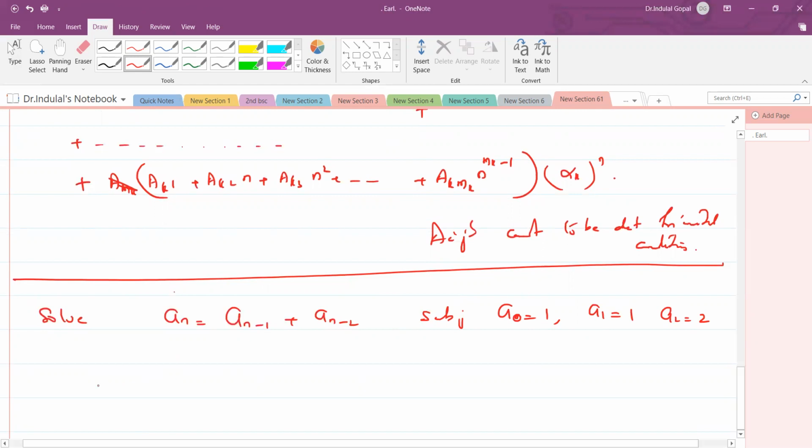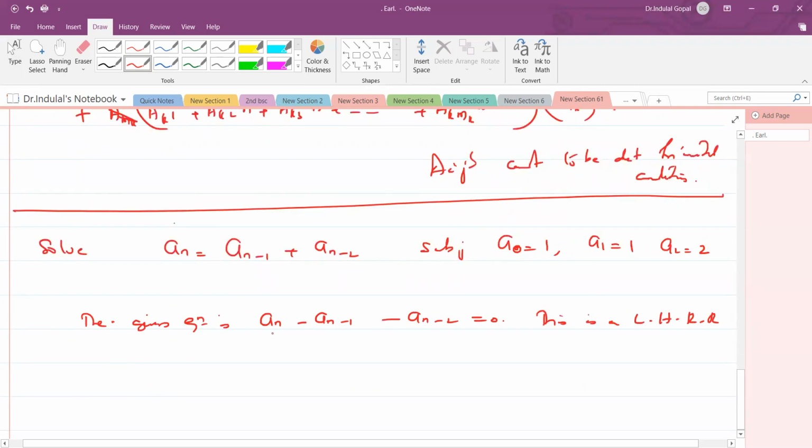First we write this in the linear homogeneous recurrence relation form. The given equation is a_n minus a_{n-1} minus a_{n-2} equal to 0. This is a linear homogeneous recurrence relation.